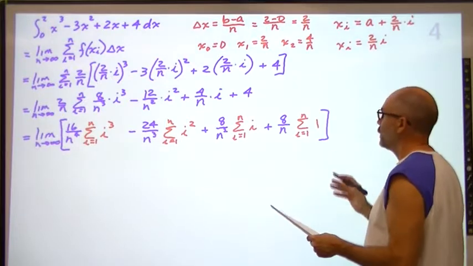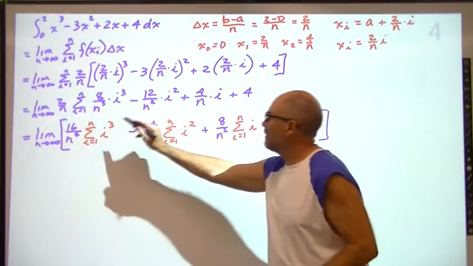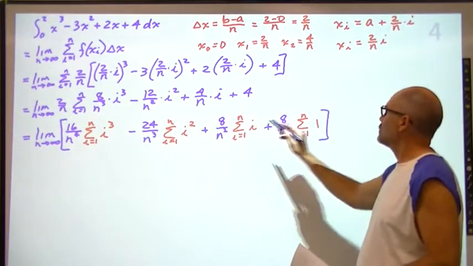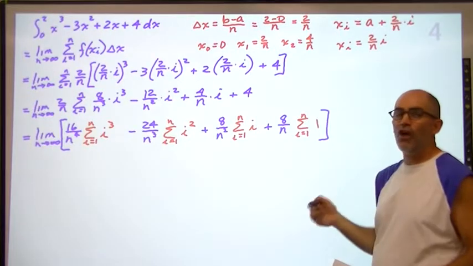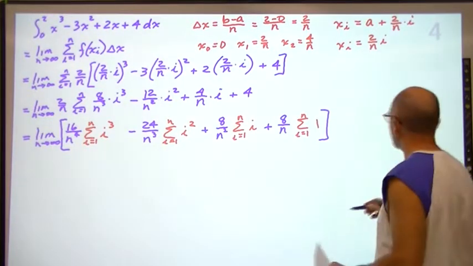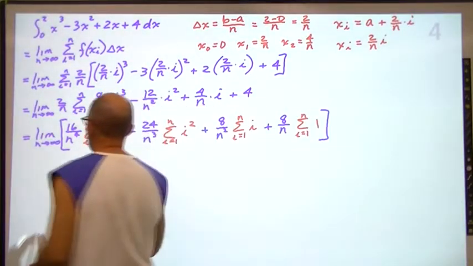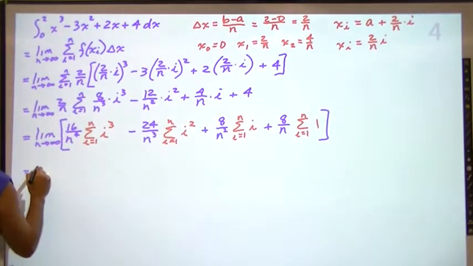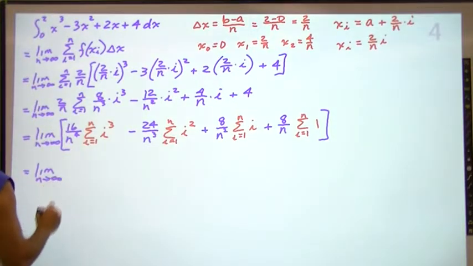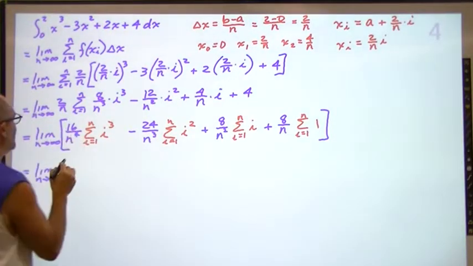Okay, so now it's time to plug in the values for each of these summations that you've already memorized. So we've got the limit as n approaches infinity of this first term.